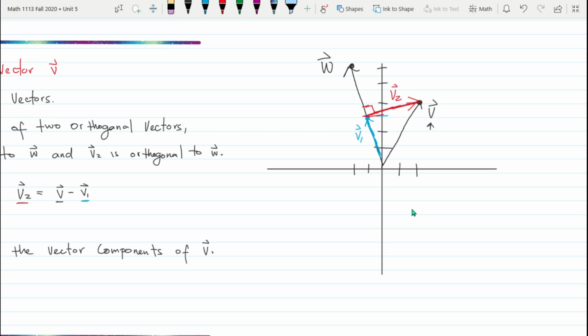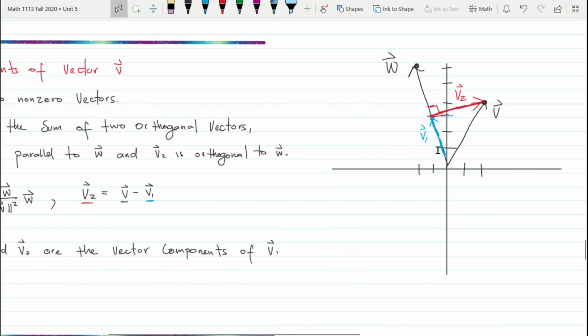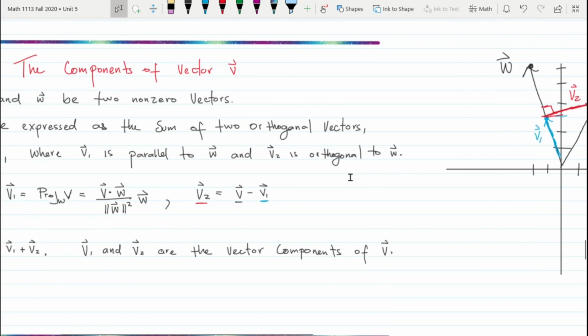Okay, so graphically, that's what's happening: you find the projection, you assign the projection some name, and if you do vector V minus vector V1, you end up with this vector right here, and that's vector V2.